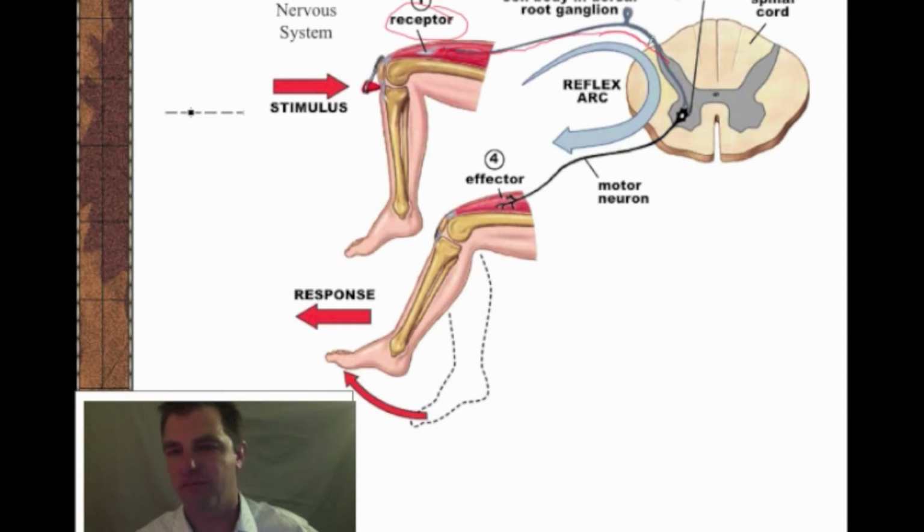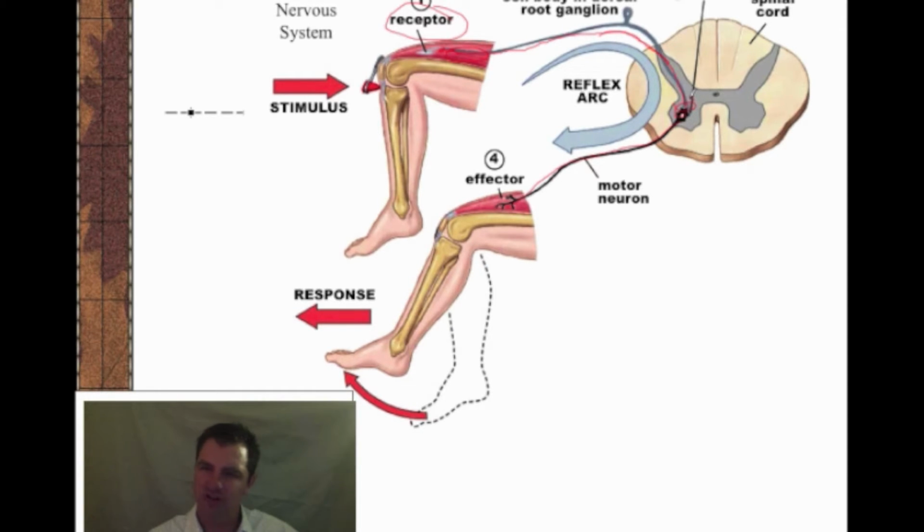All your sensory information comes in through the back, and then that is hardwired to a motor neuron that goes out to that muscle, causing it to contract, because the opposite of stretching is to contract, and so that's why your leg moves during that response.